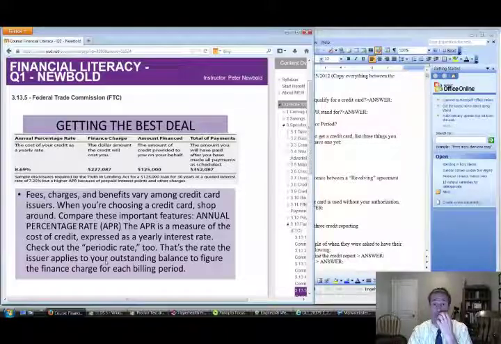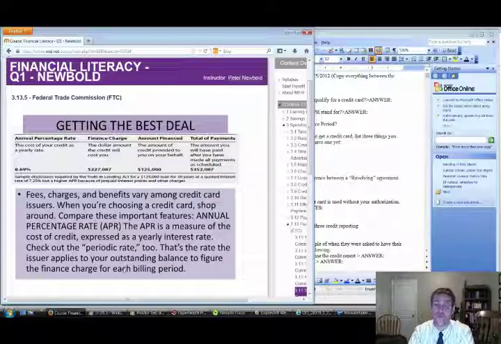That's the rate the issuer applies to your outstanding balance to figure out the finance charge for each billing period. Yeah, to know how much you're going to be billed. Crazy, right? 8.69%, the dollar amount of credit card cost. Whoa, the amount of credit provided on your behalf, the amount you have to pay when you're all done.